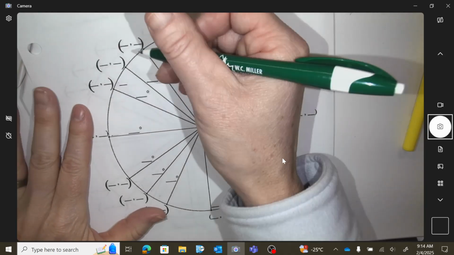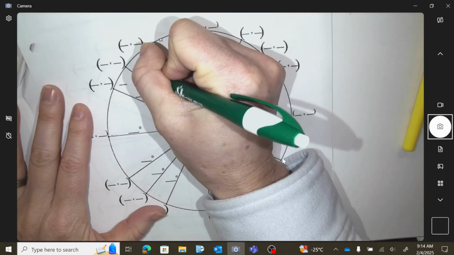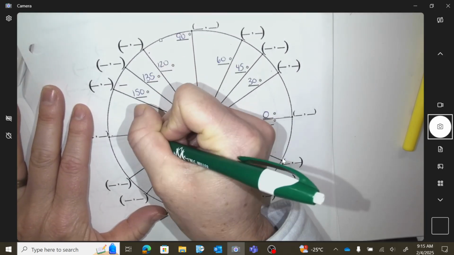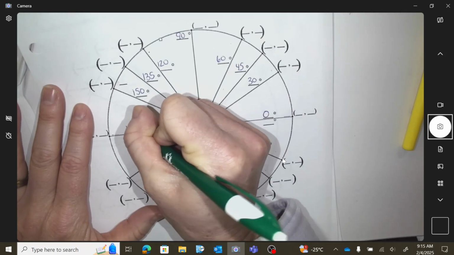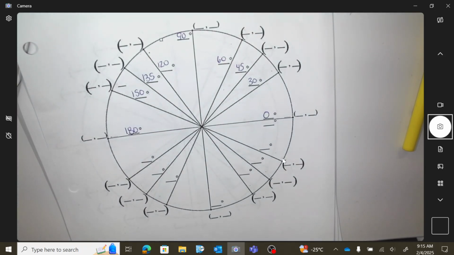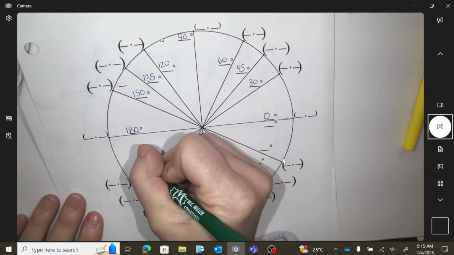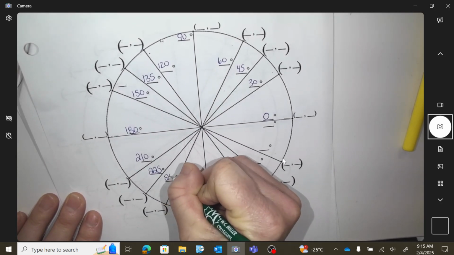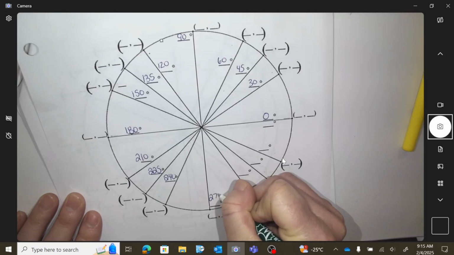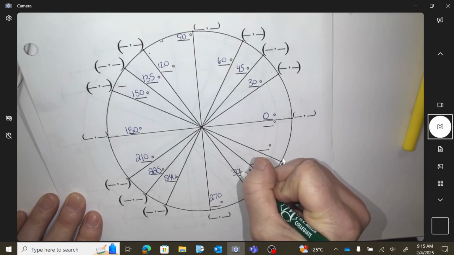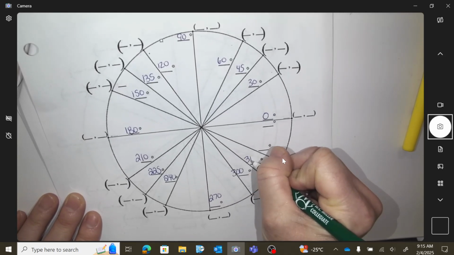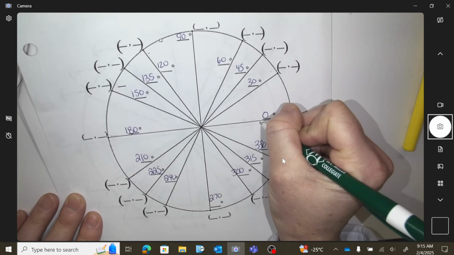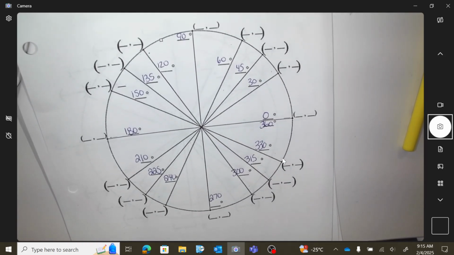Okay, I'm going to keep going. 120, 135, 150, 180, 210, 225, 240, 270, 300, 315, and 330. Finish off 360.